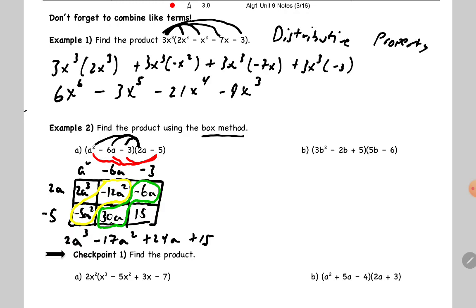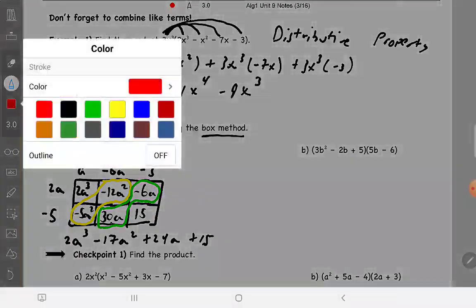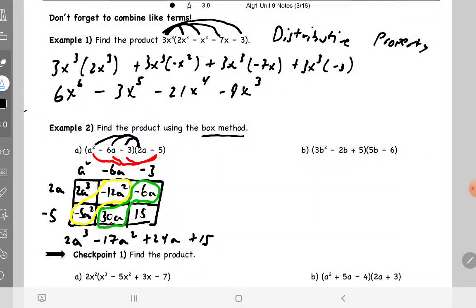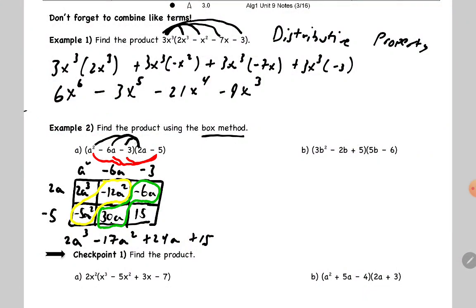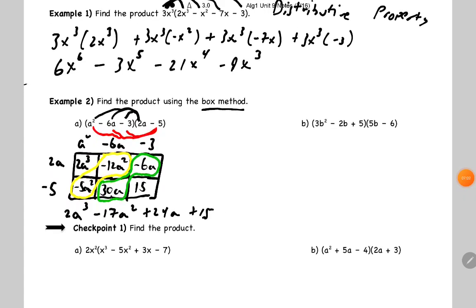And then I'm just adding all the pieces. So that is the box method. You don't have to do the box method. You can do it the distributive way, and I'll show you an example of the distributive way after I show you the box method again.